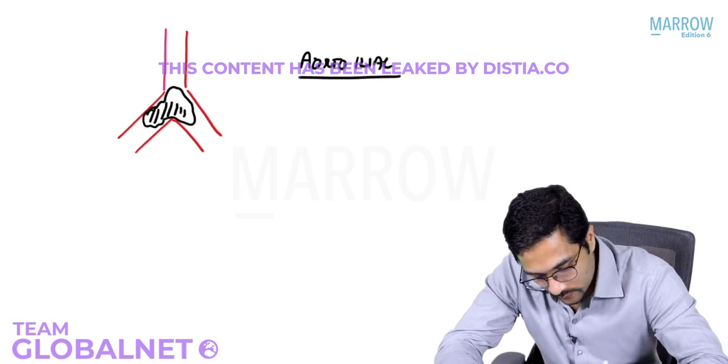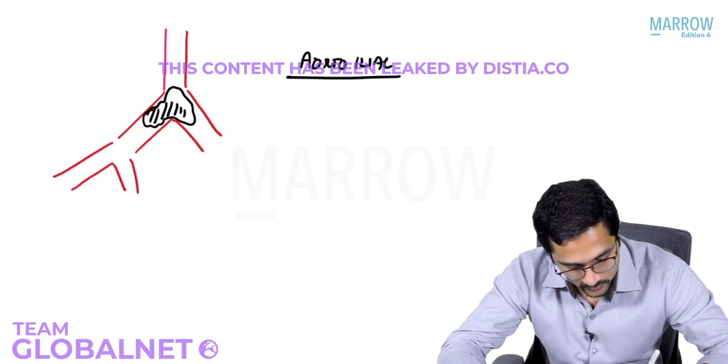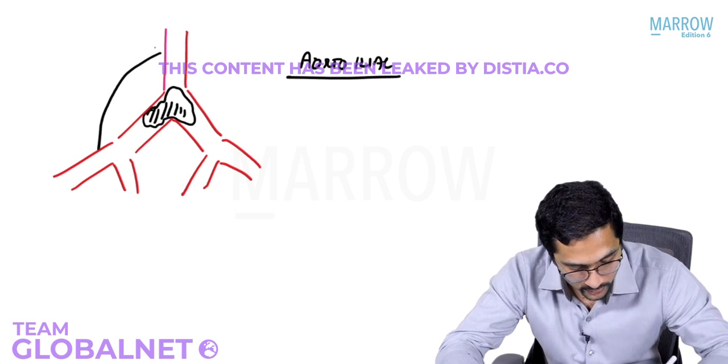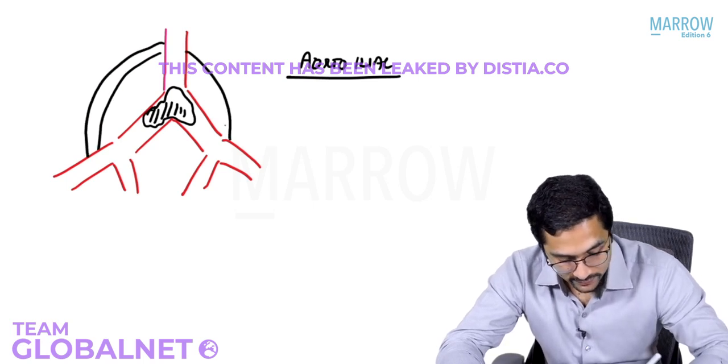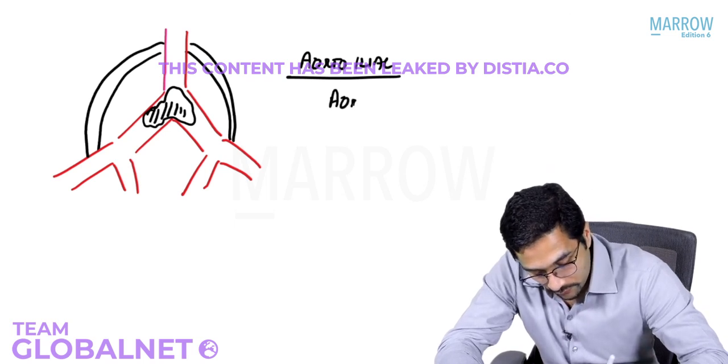Here, what do we do? In these patients, we will have to carry out an aortobifemoral graft, because we'll have to do grafting on both sides. So we will have to do an aortobifemoral graft here.